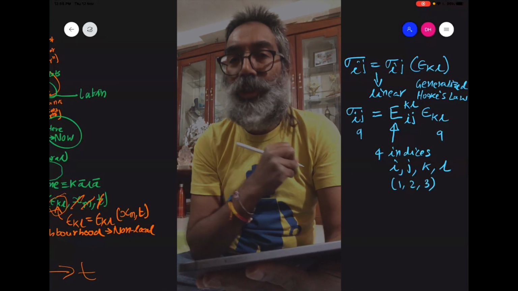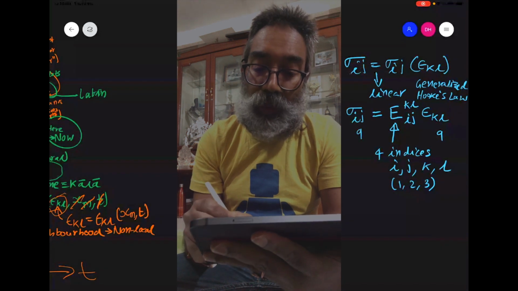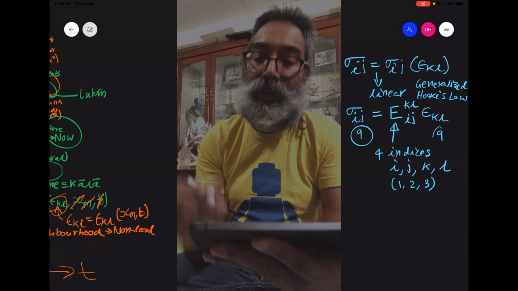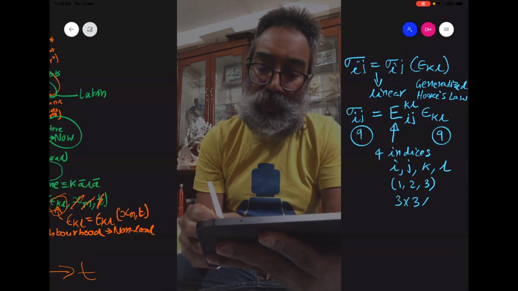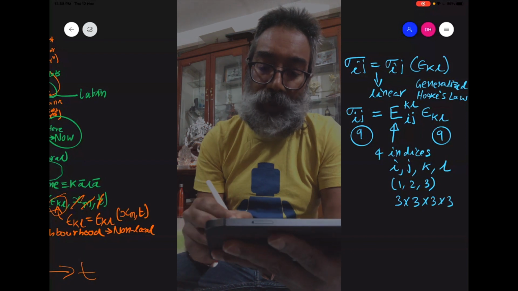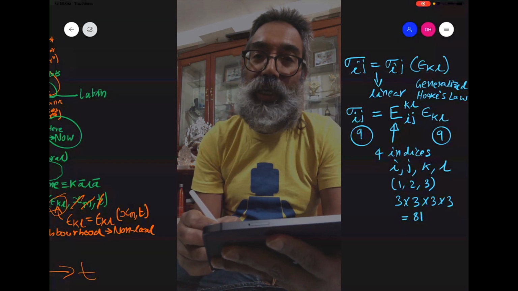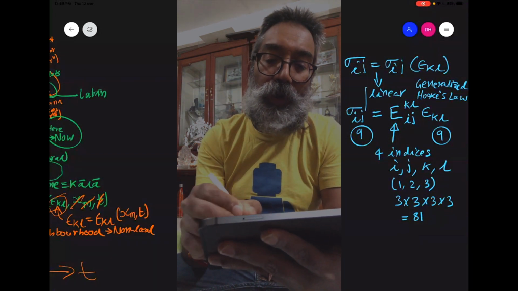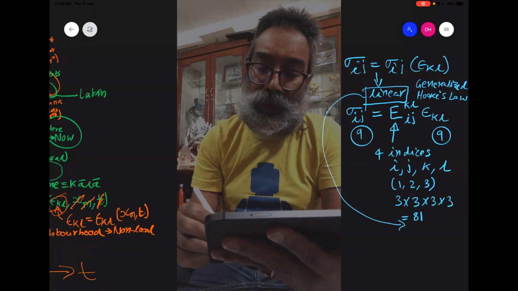So this is the range through which each one of them can take, and therefore the number of components here was 3 into 3, 9 for the stress and the strain. Here you can have 3 into 3 into 3 into 3, a total of 81 elements of this E. And what this is saying through a linear model is that all of these are constants.